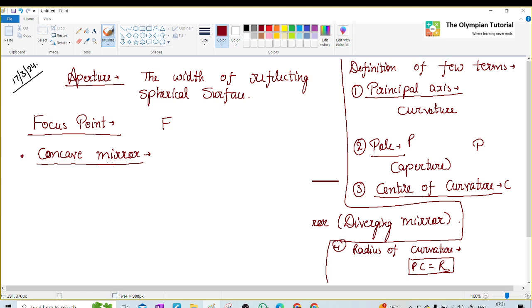A number of rays parallel to the principal axis of a concave mirror are intersecting at a point on the principal axis of the mirror.